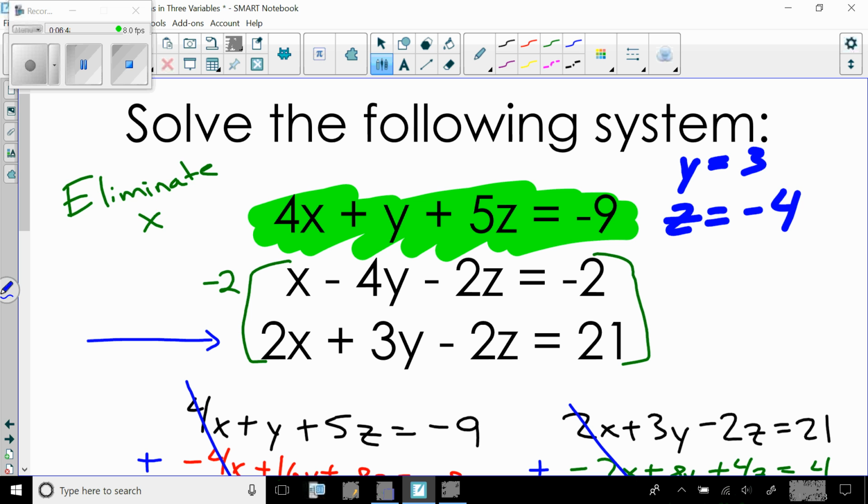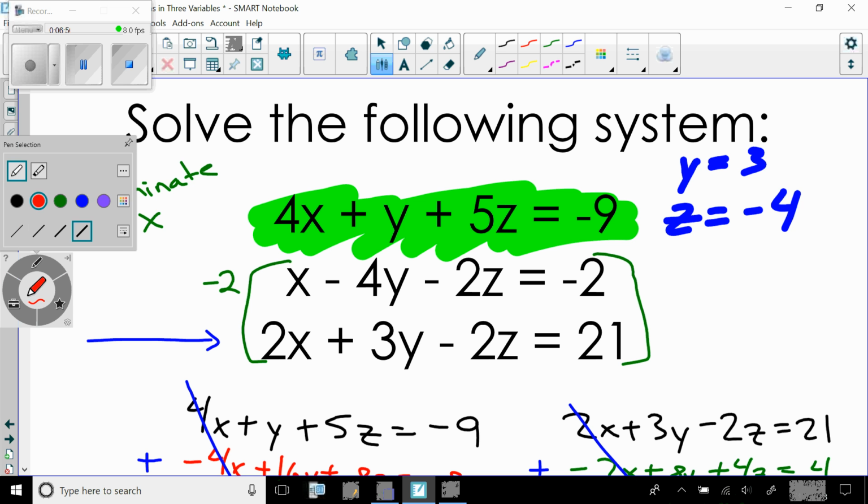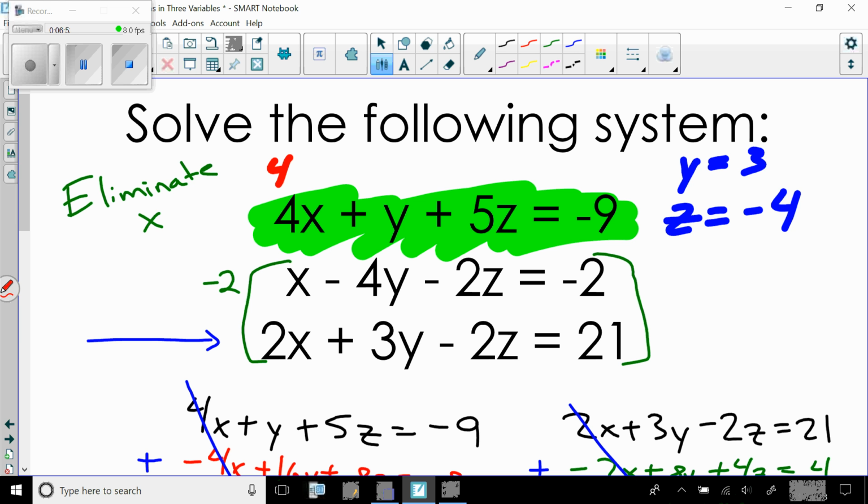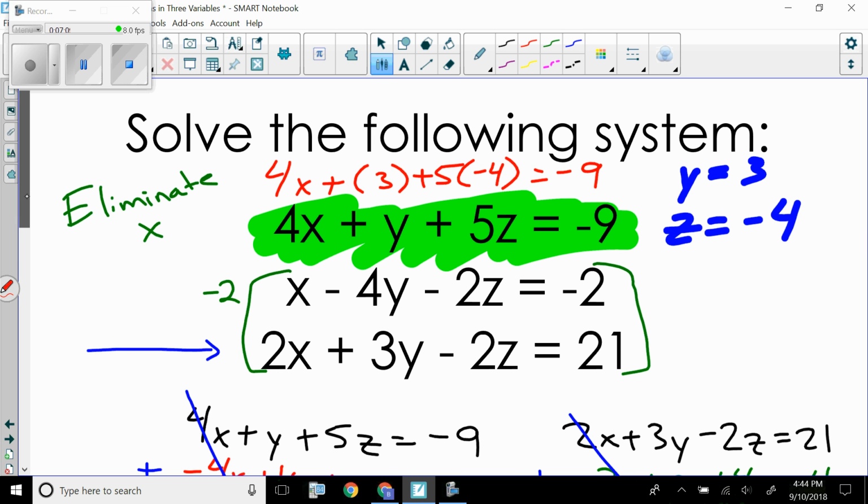Okay. Well, if I go to plug this in then, that is a 4x plus 3 plus 5 times a negative 4 equals negative 9. And then I think I'll just kind of work vertically here.